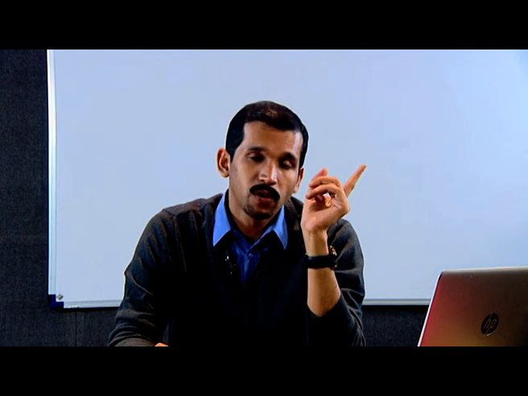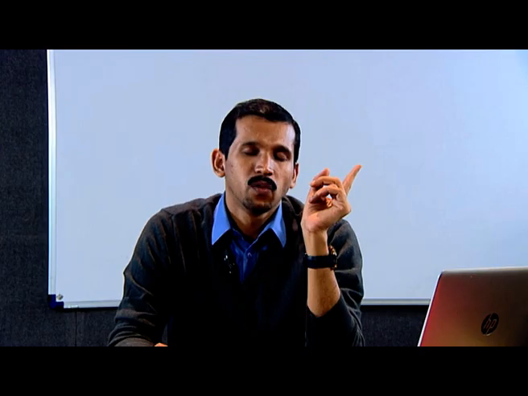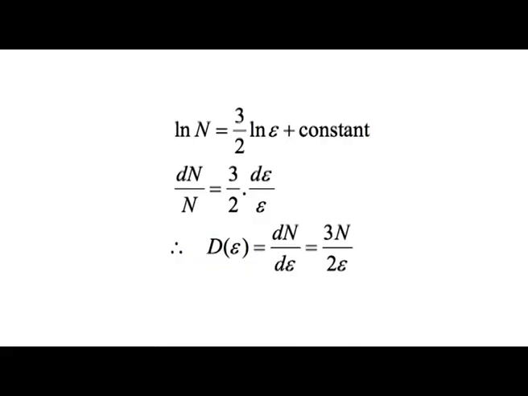Now, further, we have already calculated n, the number of electrons, and ln of n is equal to 3/2 ln E plus a constant. So dN/N = 3/2 dE/E, and therefore the density of states at a particular energy E, dN/dE, is equal to 3N/2E.